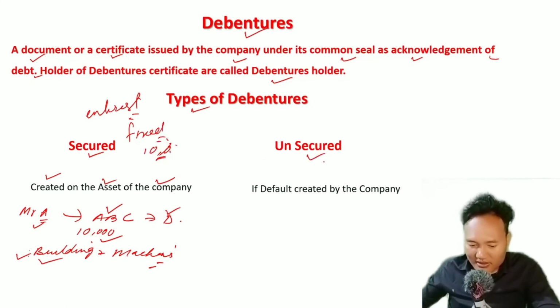Whereas in the case of unsecured debentures, if the company defaults, it means if the company happens to make a loss or is not in profitable conditions and is unable to pay the interest to the debenture holders, in that case there is no collateral security or asset for that individual who has invested in unsecured debentures. There is no security or collateral asset for the amount that Mr. X or Y has invested in the name of unsecured debentures.